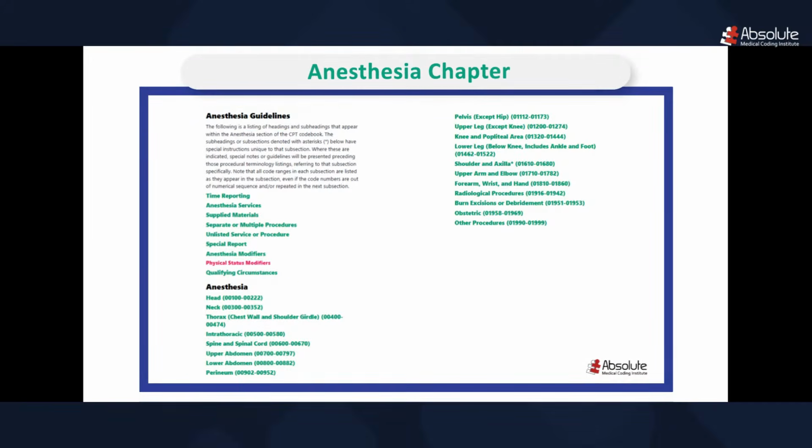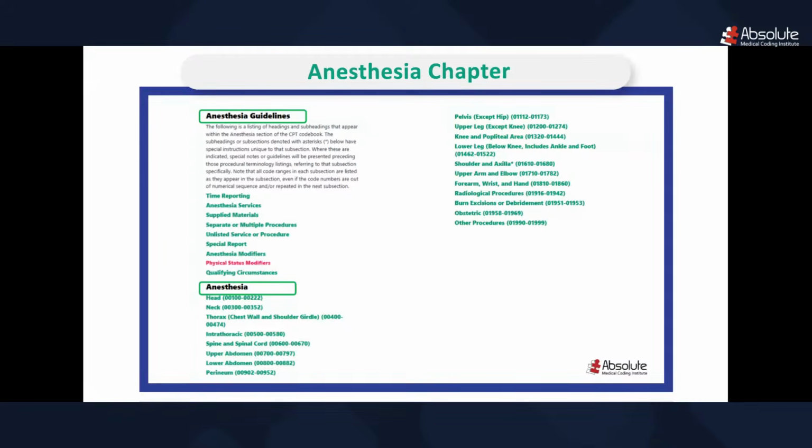Before we begin, let's talk about where to find these codes in your CPT manual. You will find the anesthesia codes in the anesthesia section, which is located at the very beginning of your CPT manual, right after the E&M section and before the surgery section.